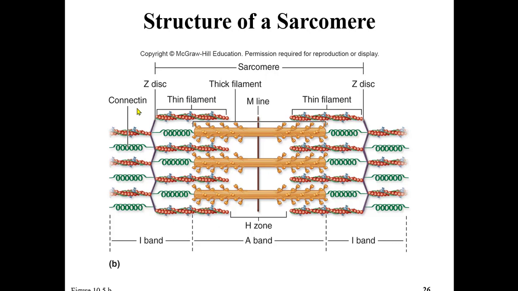So when you actually contract a muscle, and then when the muscle relaxes, you don't want it to over-relax. You want it to come back to the same starting position. So connectin or elastin's job is to make sure I don't overstretch or understretch. I always come back to the same starting position at rest. And that's what connectin and elastin will do.